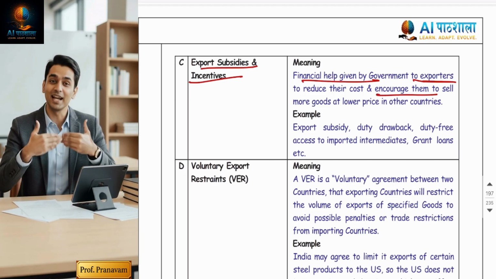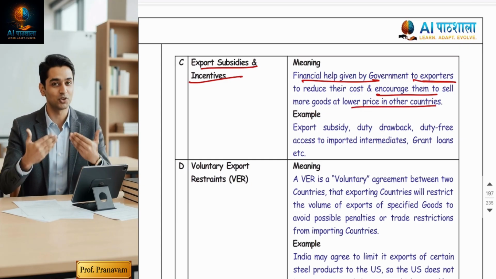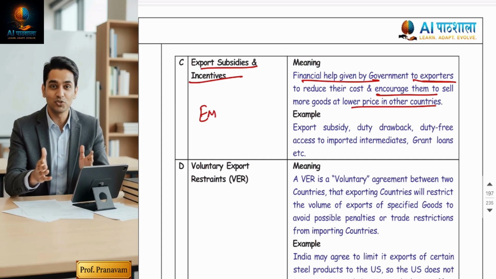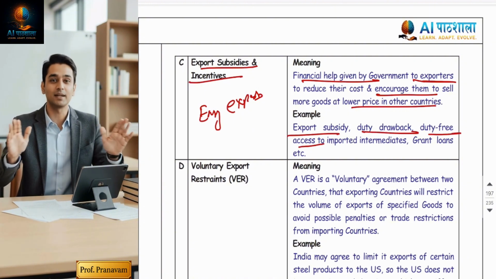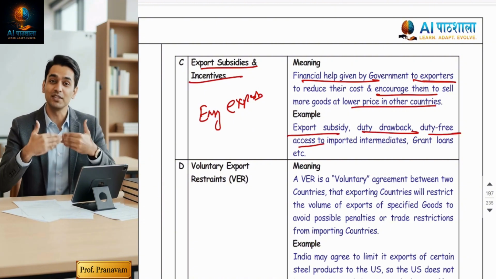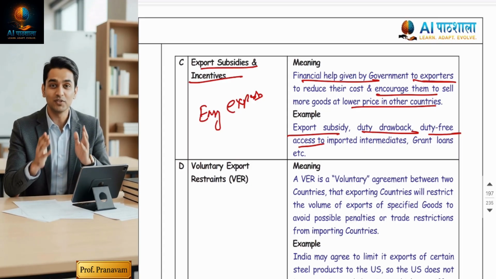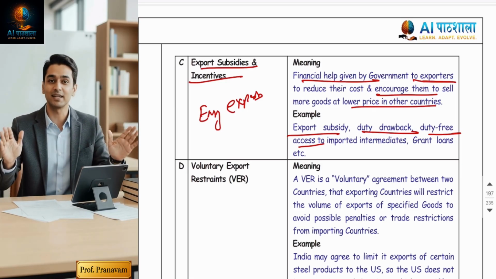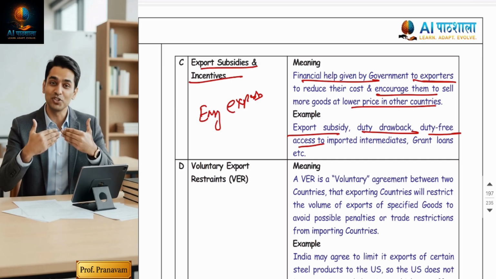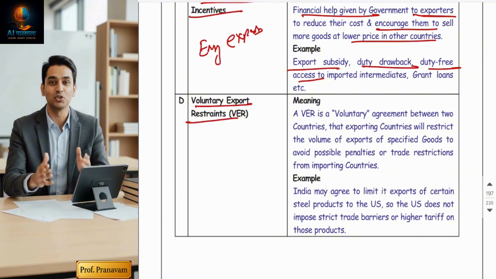So financial assistance is given to the exporter to reduce their cost and encourage exports. Okay, export subsidy, duty drawback, duty free access, many. Benefits are given, monetary and non-monetary, to the exporters. Their cost gets reduced, the profit margin increases, and they export more goods outside India, and government earns foreign currency.